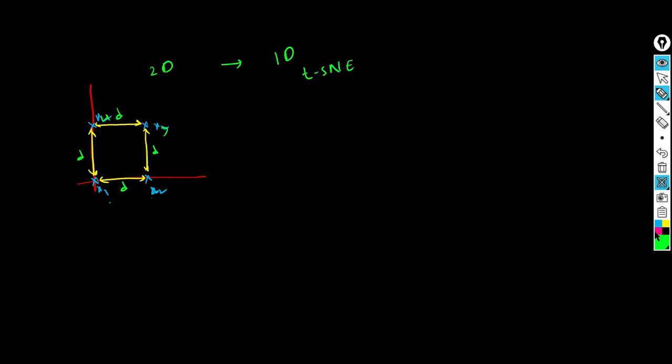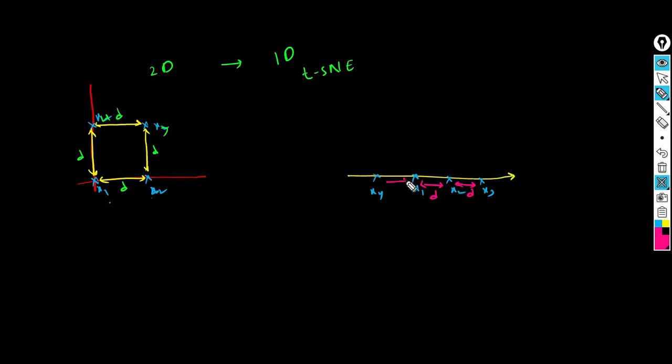Now in 1D we have only a single line, and the data points we will get here are x1, here x2, here x3, and here x4. Here we can observe the distance between x1 and x2 is the same before and after t-SNE, it's d. And the distance between x2 and x3 is also the same before and after applying t-SNE.